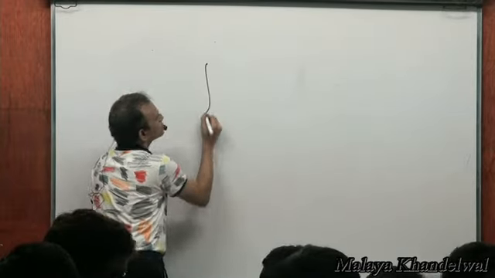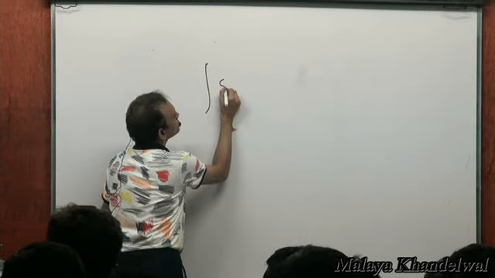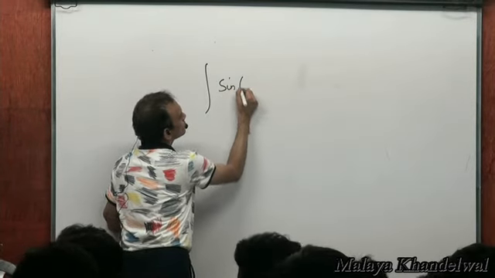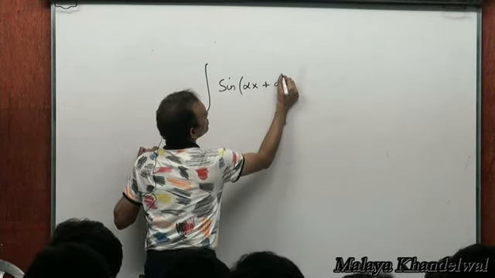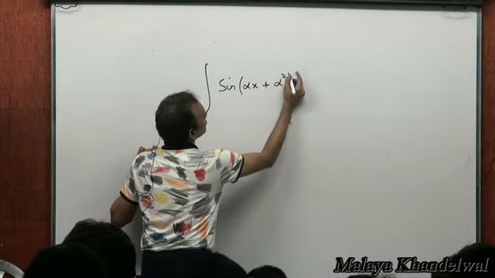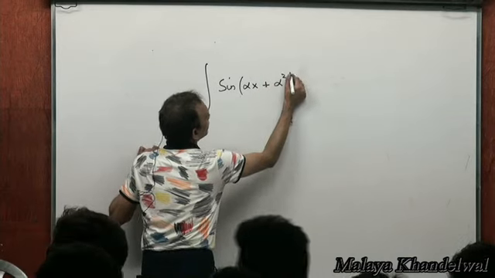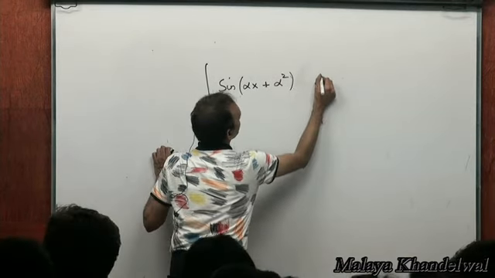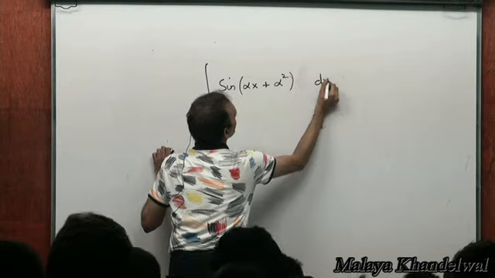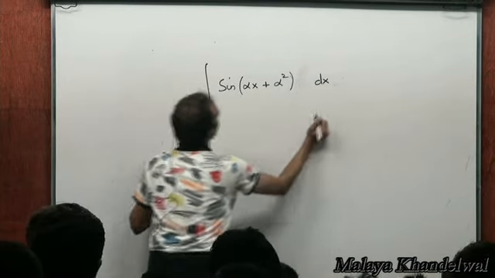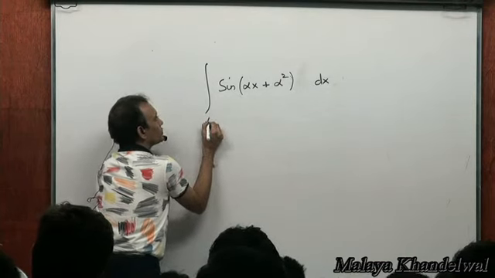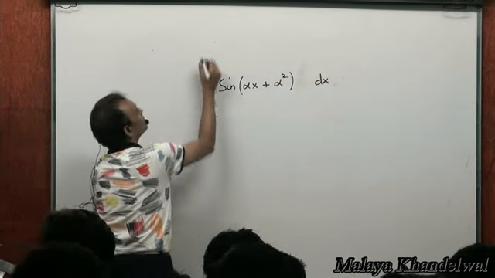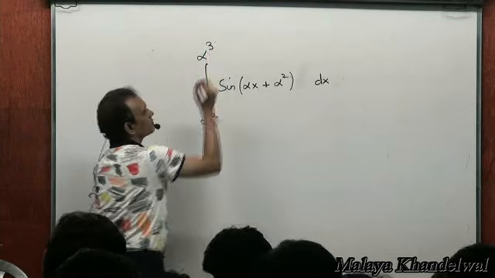Integral of sine of alpha x plus alpha squared dx, and this varies from, say, alpha squared to alpha cubed.